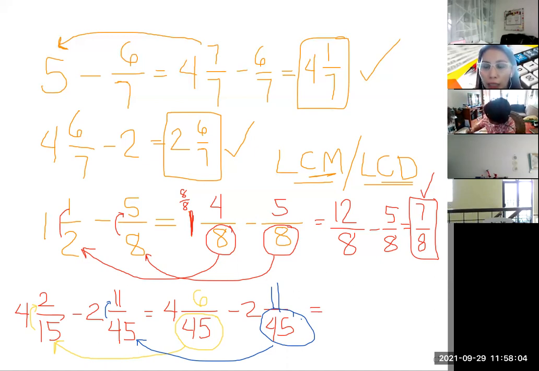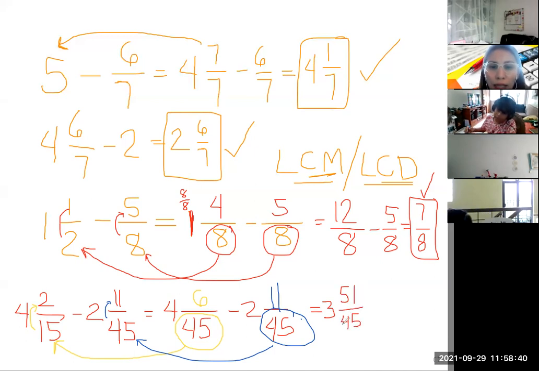We cannot subtract. We need to make 6 higher, by adding 45. And then paliliitin natin. 4 now becomes 3. And then add, para mas madali. 6 plus 45, it's 51.